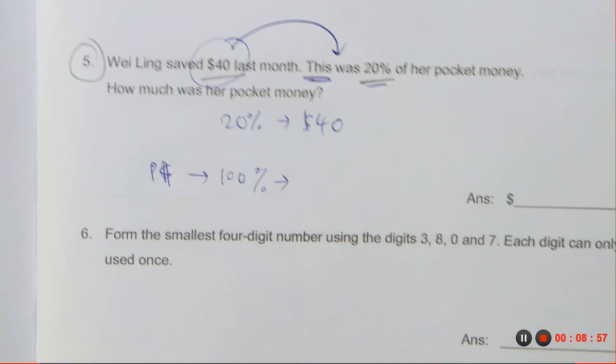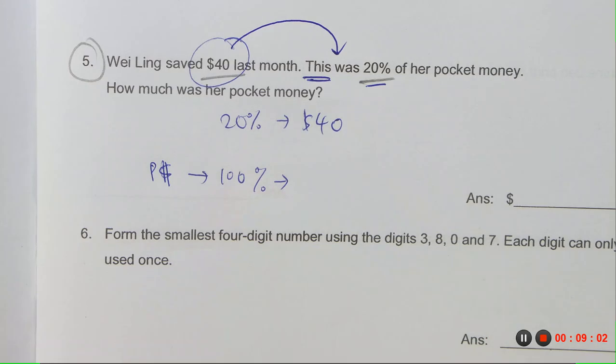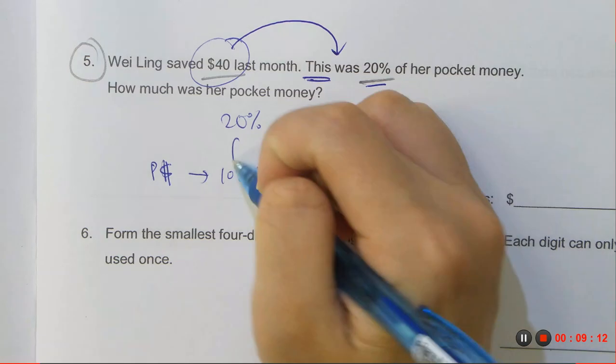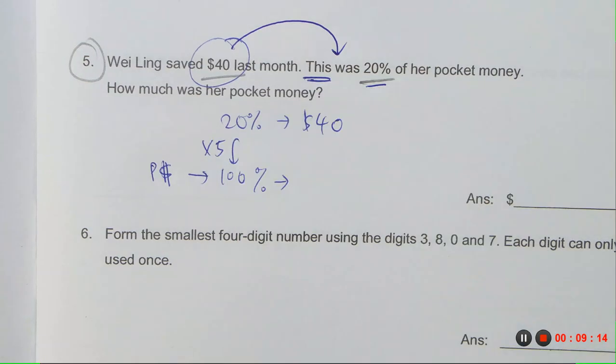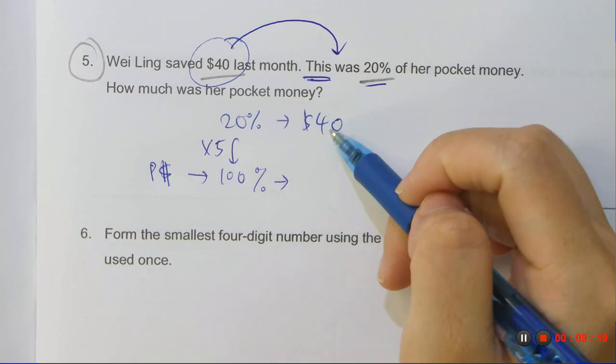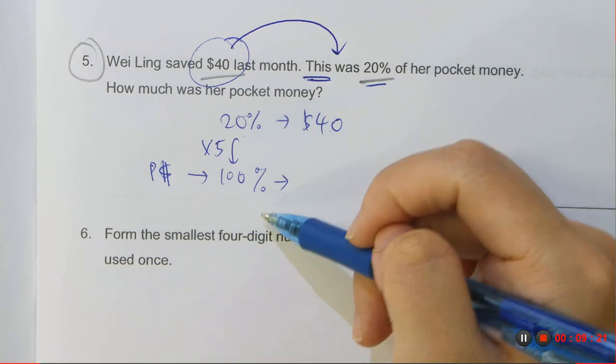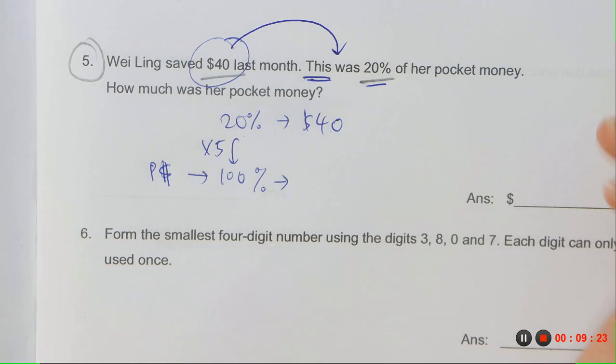Let's ask Hong Wei. How do I go from 20% to 100%? What's 2 times? Jared said times 5. What's 2 times 5? 10. Hong Wei, you can do it too. I use 40 divided by 20, then times 100. That's okay. But I asked if there is a shortcut, and Jared was quick to say times 5.